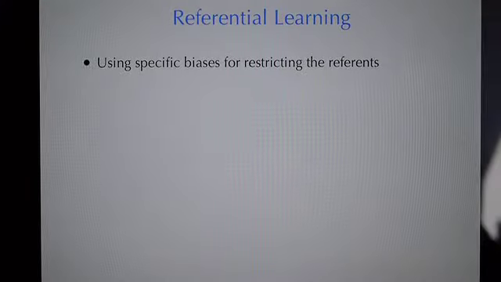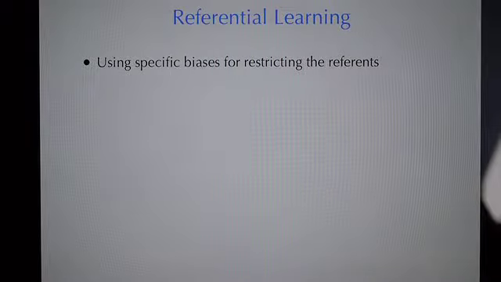Another mechanism that has been suggested in the literature for learning the meanings of words is to rely on a range of biases or principles or underlying assumptions, or in other words, using a toolbox for restricting the reference of each word.